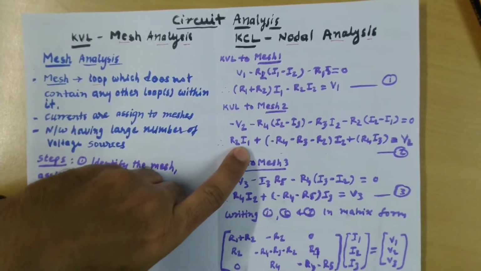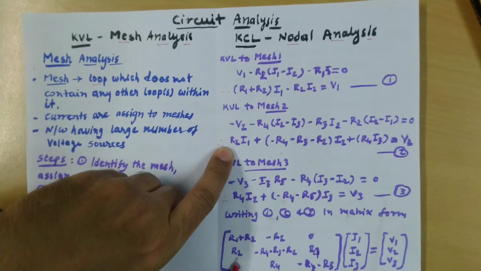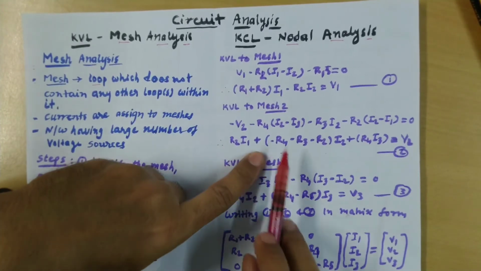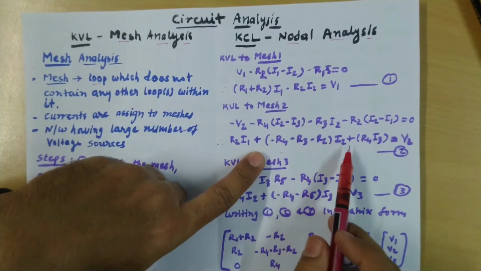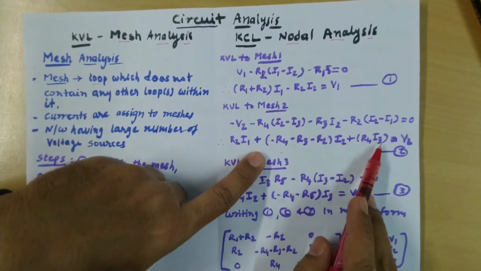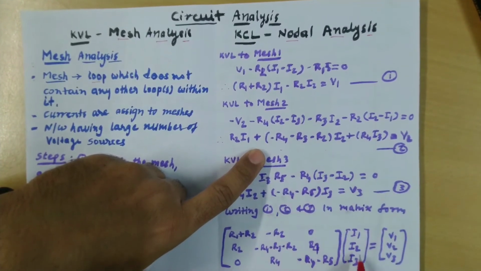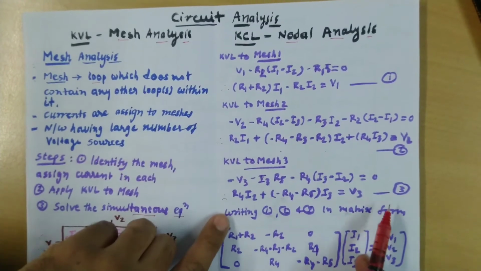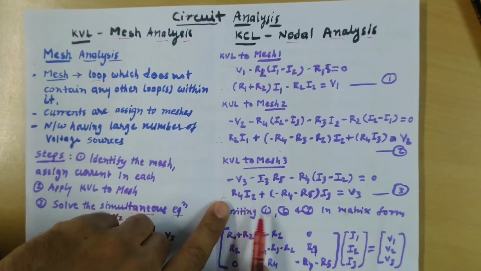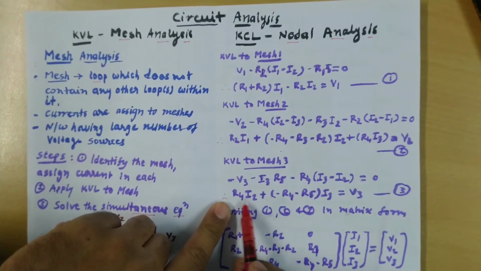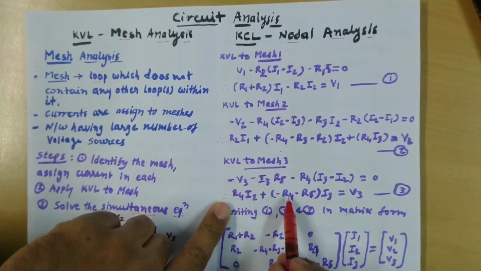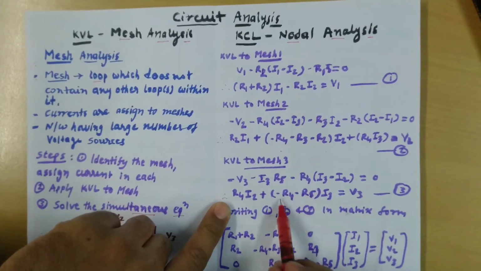Same way I1 is multiplied by R2, that's why here it is R2. Now minus R4 minus R3 minus R2, it is in multiplication of I2, and we have R4 in the multiplication of I3. For third equation, we have nothing for I1, that's why it is 0. Then I2 is multiplied by R4 and I3 is multiplied by minus R4 minus R5.